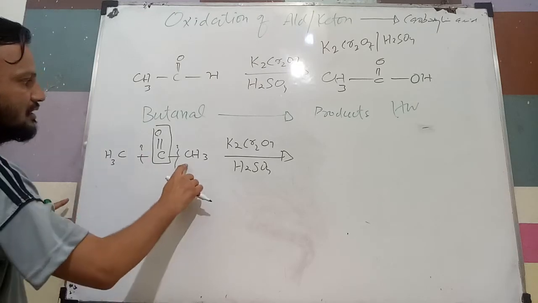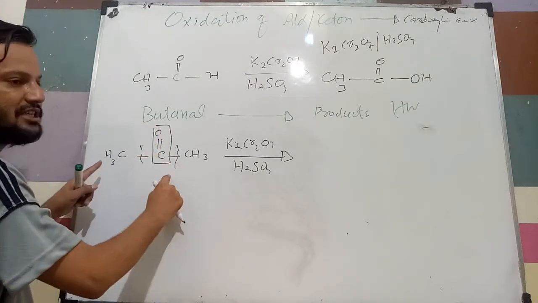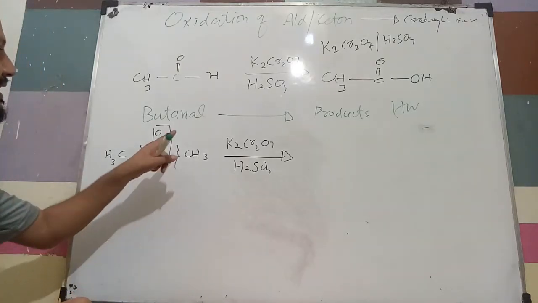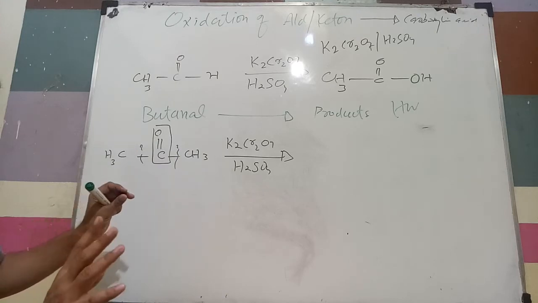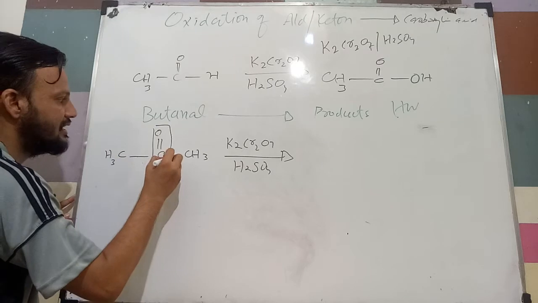Here we have the same groups around this carbon, on both sides of the carbonyl group. That's a symmetrical ketone. In case of symmetrical ketones, break it from either side, either from this side or this side. No problem at all.